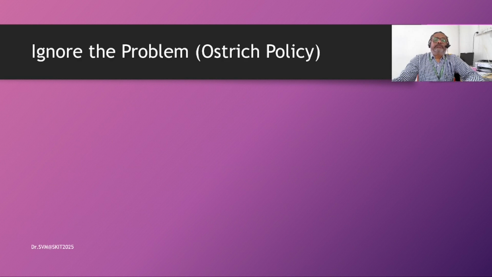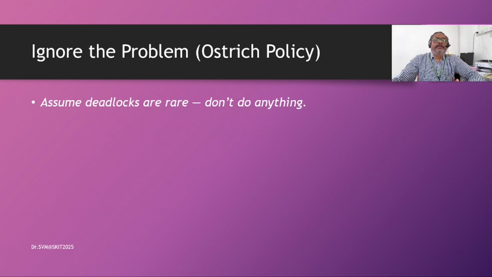So the next option: just ignore it. Assume, first of all, that deadlocks are rare, because with the current situation the availability of the processors and the availability of the resources are so high that let's assume that deadlocks are very, very rare.